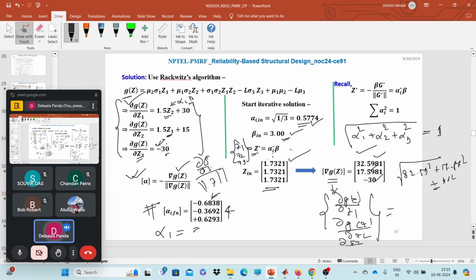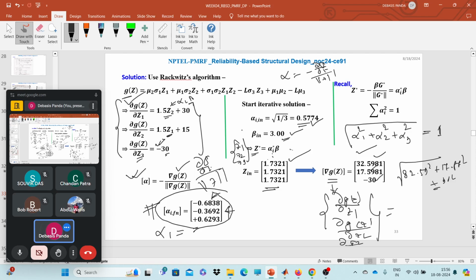So negative negative will get positive, so obviously the final value should be positive. So we will get alpha equals minus del g by del z by the norm of your z. Clear? So these are the initial alphas based on what we have provided for the first iteration.